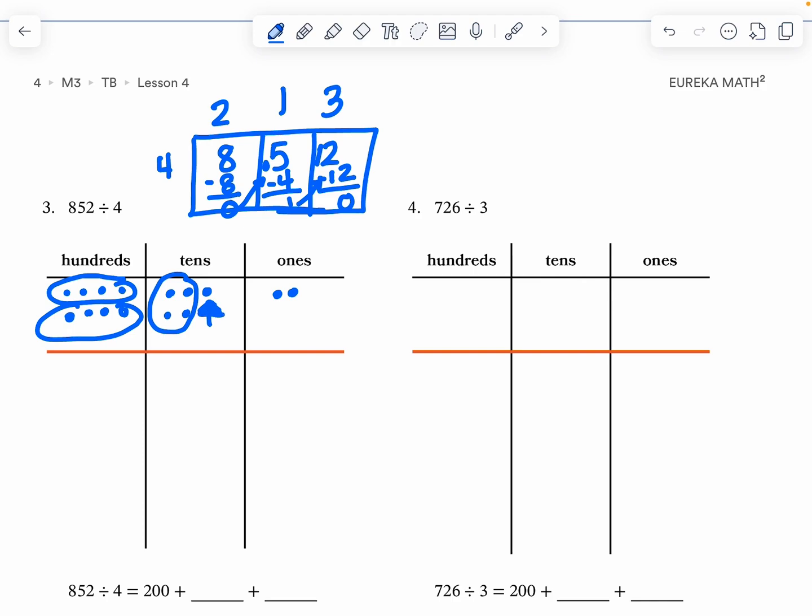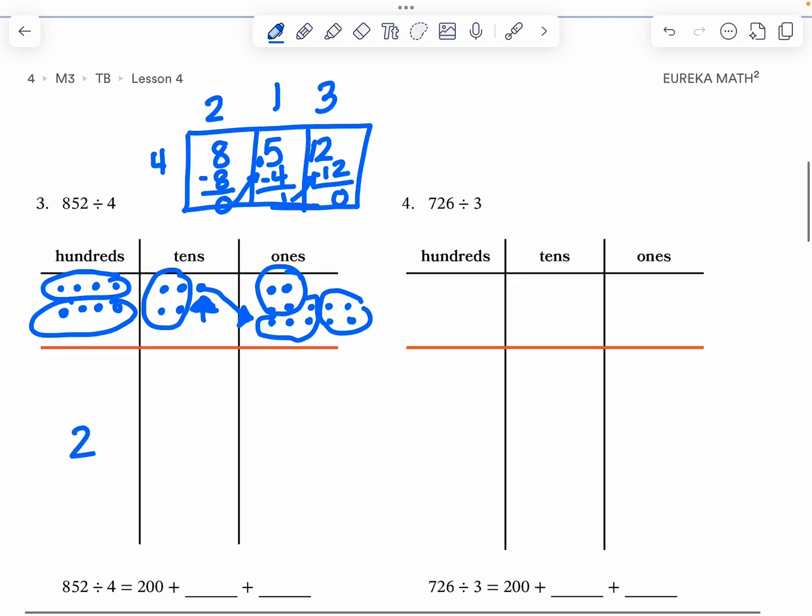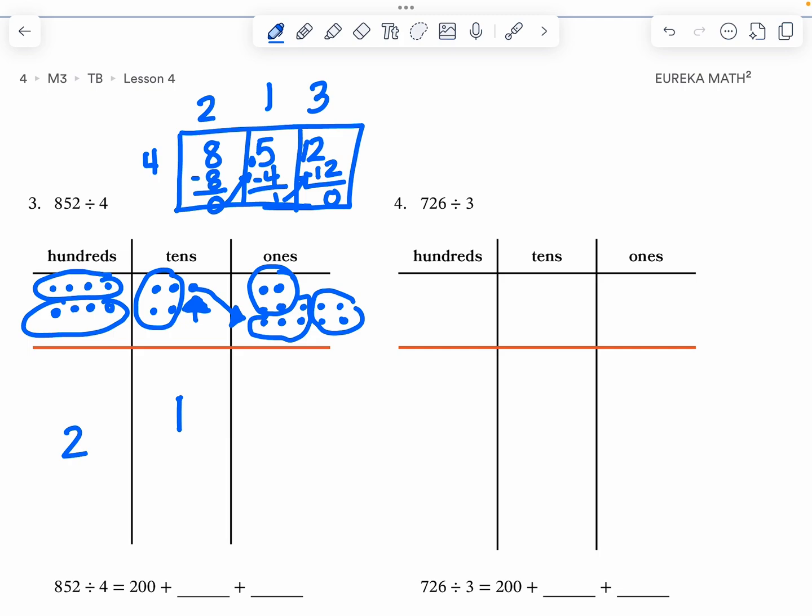So I'm going to change this 1 group of 10 that was left over. But when the one group of 10 moves over, it is now 10 ones. 1, 2, 3, 4, 5, 6, 7, 8, 9, 10. Now I'm going to put it in groups of 4. And we had 2 100s, 1 group of 10, and 3 groups of 1s.